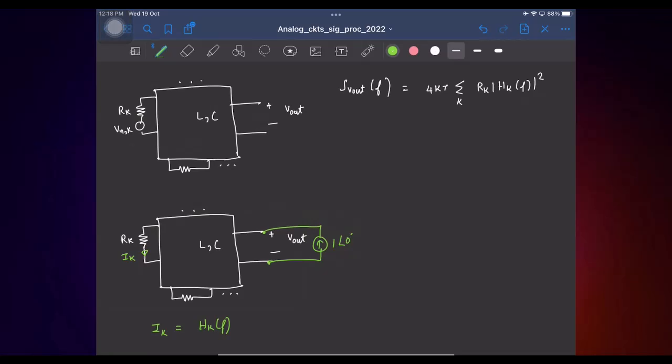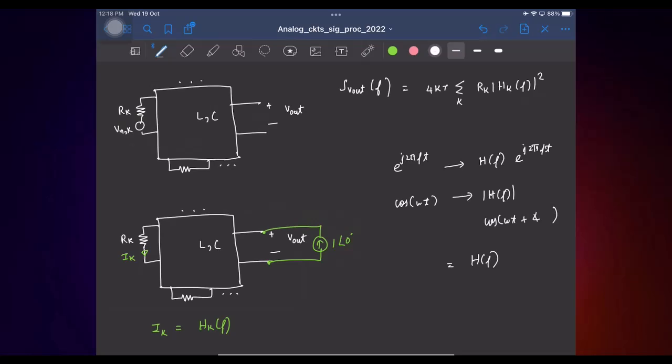Yeah, true. We saw if you apply e power j 2 pi ft, the output is h of f times e power j 2 pi ft. So what happens for cos omega t? This is basically mod h of f times cos of omega t plus angle of h, and this is what we write as phasor, h of f. You can work it out. You know the response for e power j 2 pi ft is this. Cos is basically e power j 2 pi ft plus e power minus j 2 pi ft.